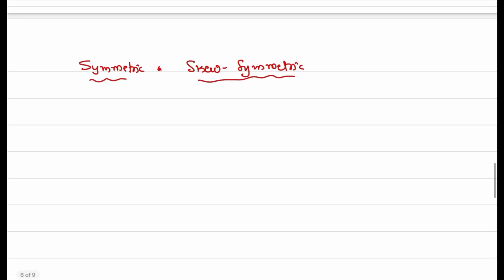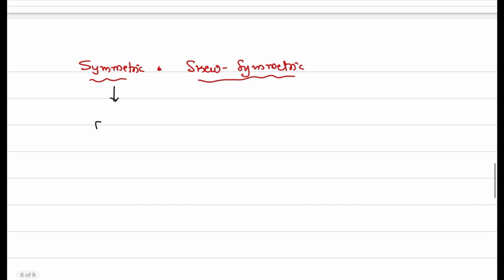Symmetric and skew symmetric. From the definition name itself, you can understand that symmetric means the matrix has elements same in the lower and upper triangles of the principal diagonal.